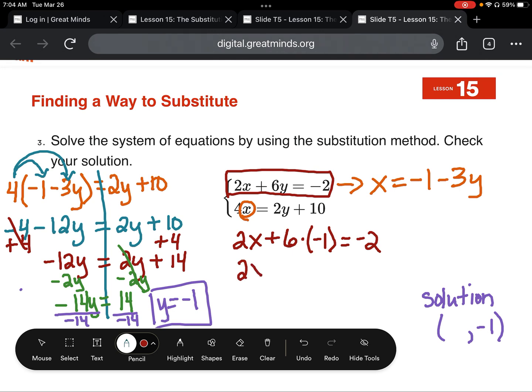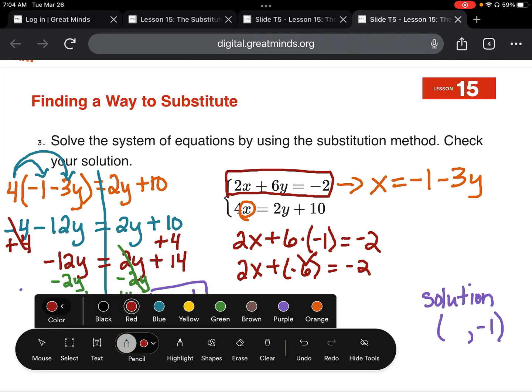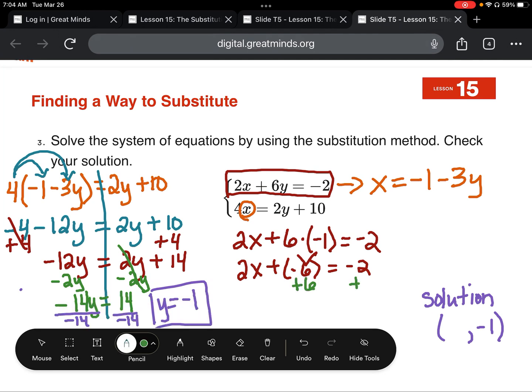So 2x plus 6 times -1 is -6, equals -2. Want to get my x alone, so I'm going to add 6 to get x equals 4, divide by 2, divide by 2, x equals 2.